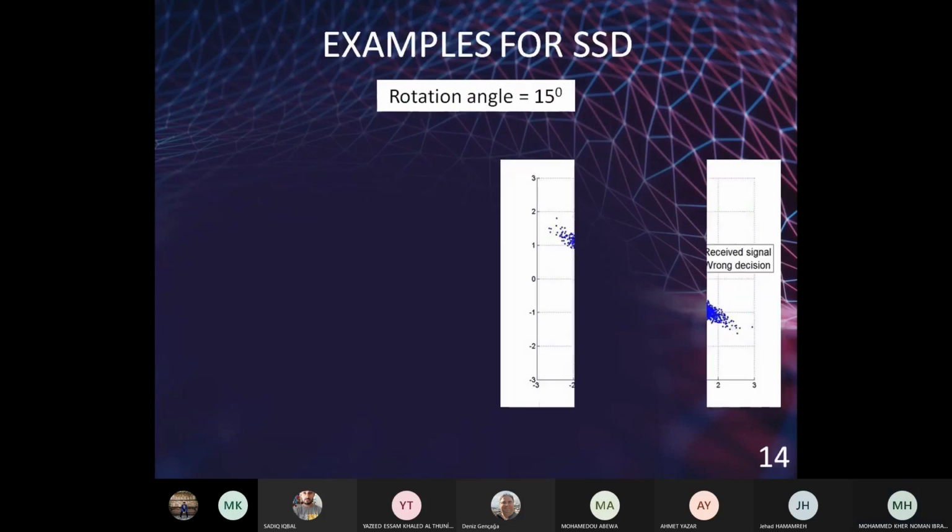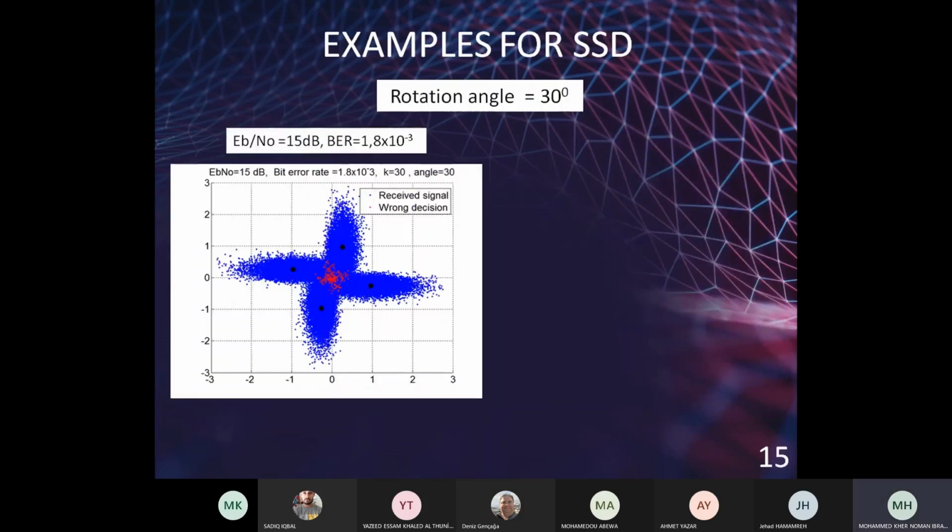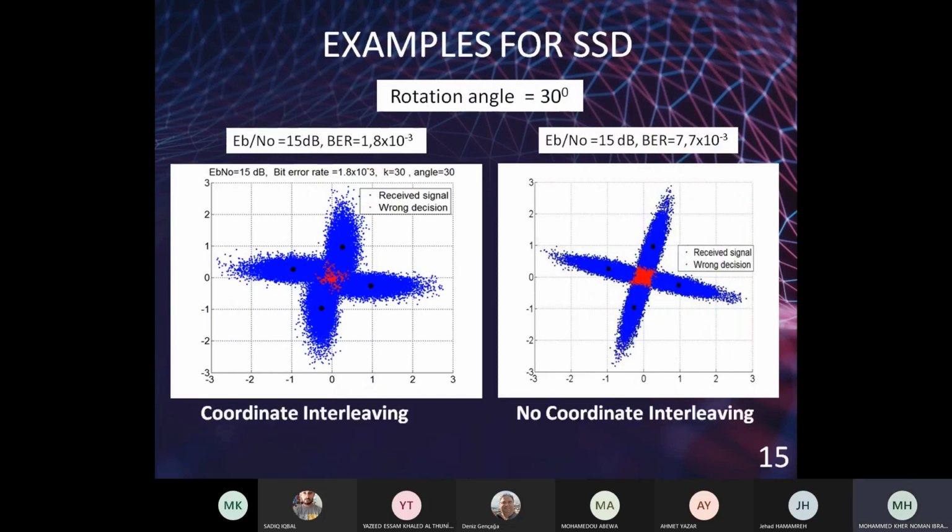But when I made a rotation angle of 15 degrees and made a coordinate interleaving, there was an improvement in the bit error rate performance. Then I increased the rotation angle to 30 degrees, and the bit error rate improved better and better.